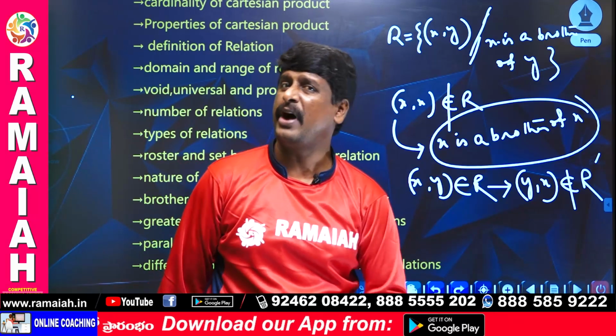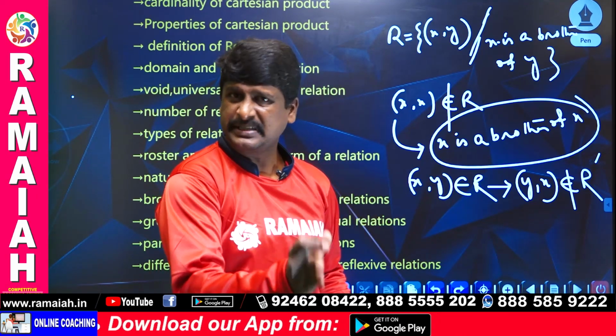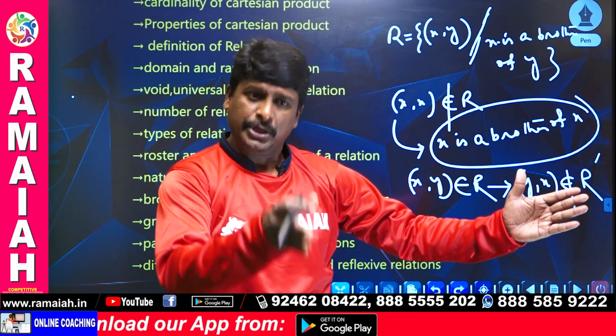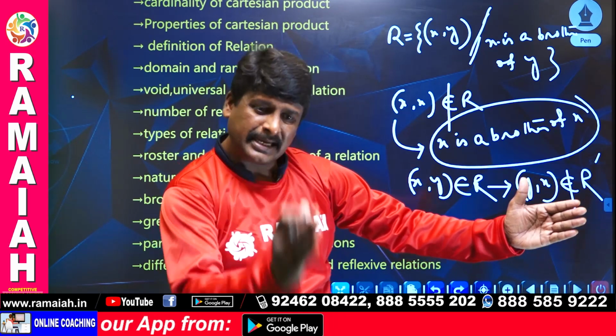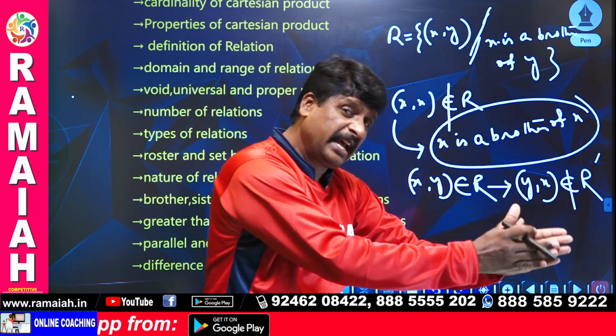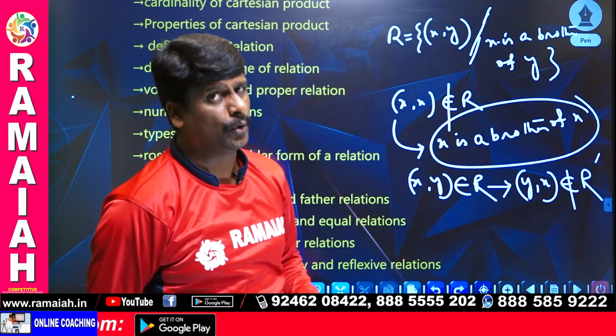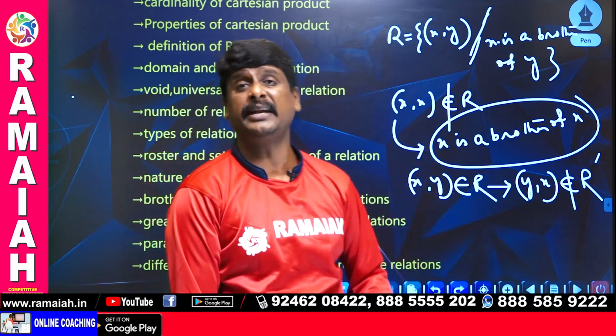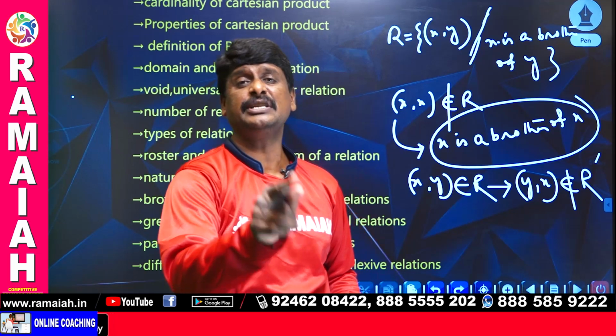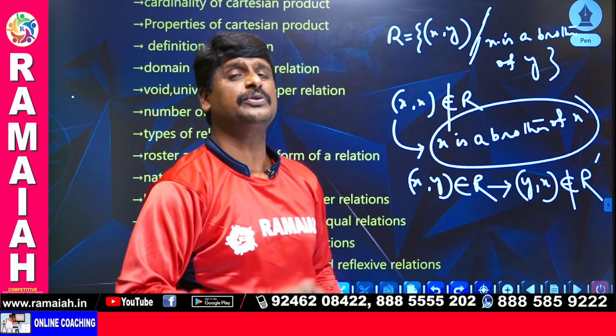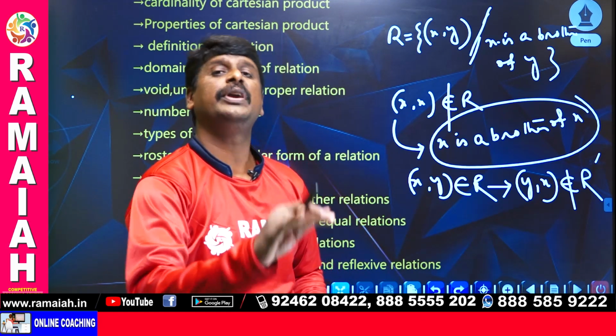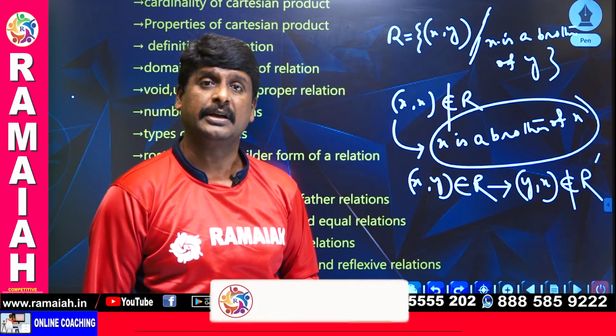Suppose you are one person. There is your brother. You are x, your brother is y. X is a brother of y as well as y is a brother of x is also true. In that case, it is symmetric. But if there is at least one case which fails to satisfy that condition, we can't say that it is symmetric.